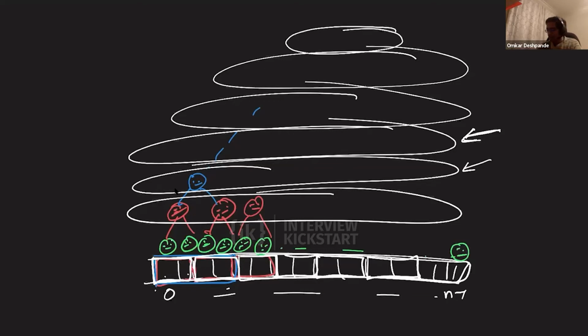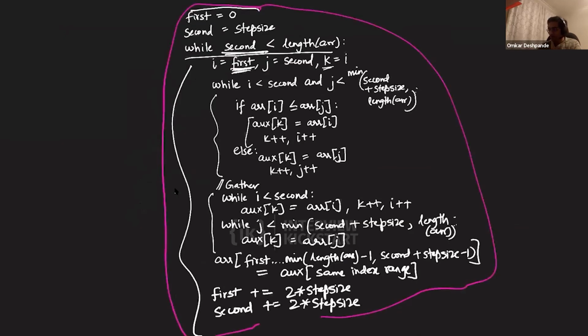But given the fact that the code is a lot more complicated than the recursive version, they shouldn't be expecting this in an interview. I'm just doing it for the sake of completeness. I don't think this can ever be asked by any reasonable interviewer.